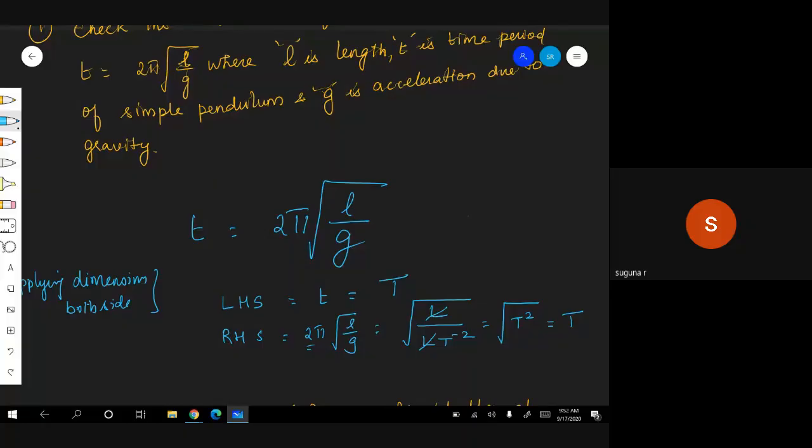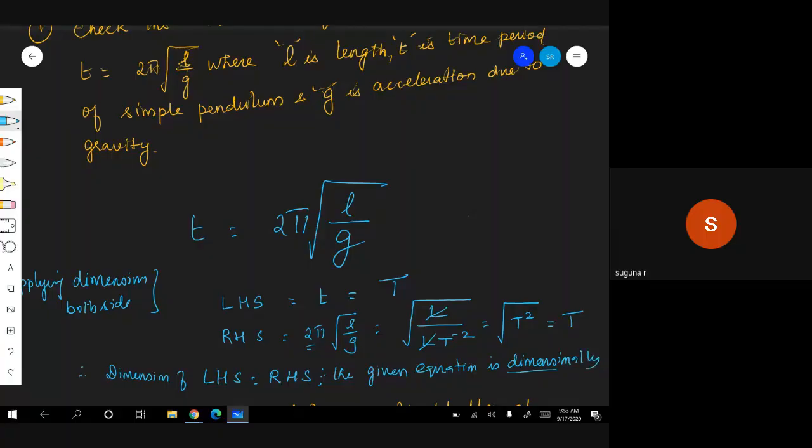Therefore, the dimensions of LHS and RHS are the same, so the given equation is dimensionally correct.